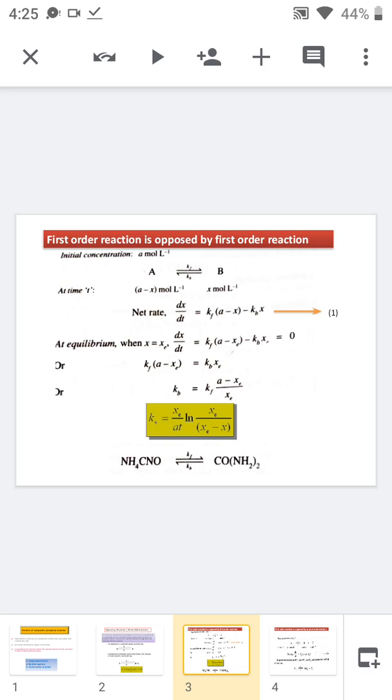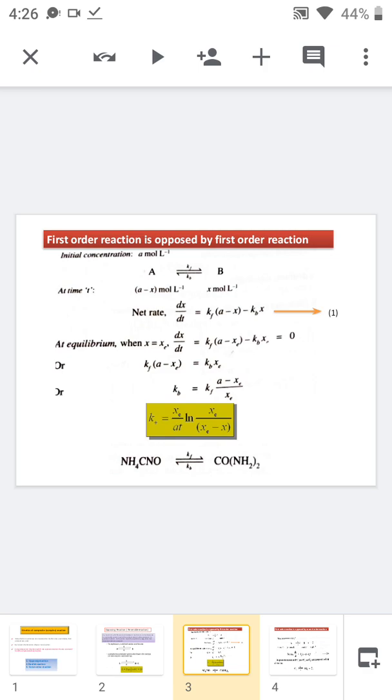Then let us substitute the value of Kb in the first equation. After rearranging, we will get the integrated rate constant for the first order reaction which is opposed by a first order reaction itself: K is equal to Xc by At into ln Xc by (Xc minus X), where Xc is the change in concentration at equilibrium, X is the change in concentration and t is the time.